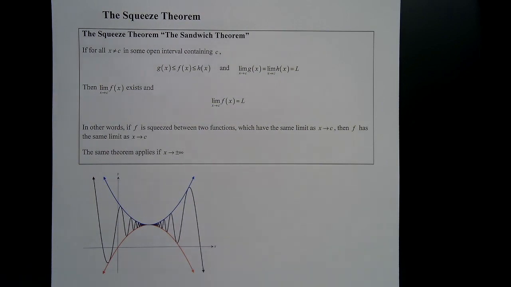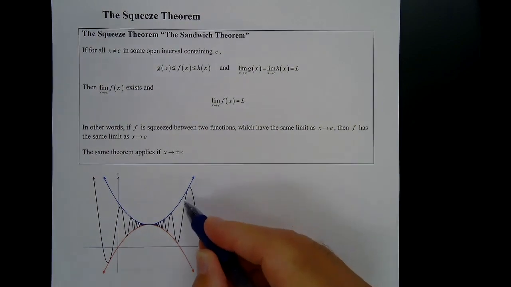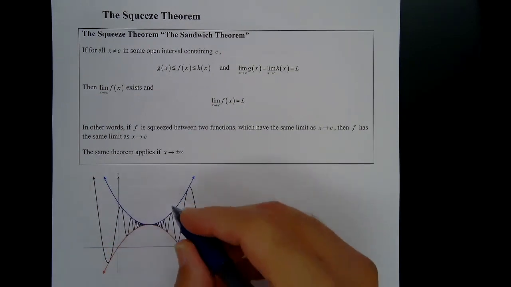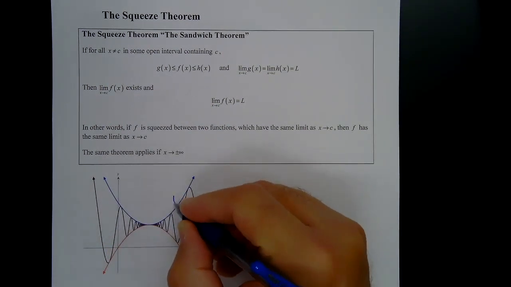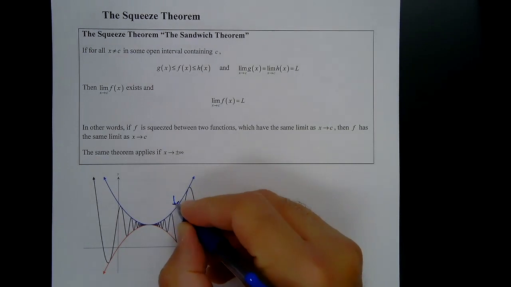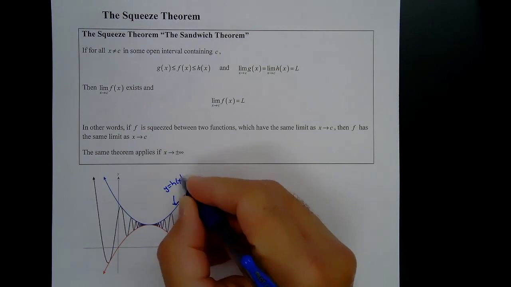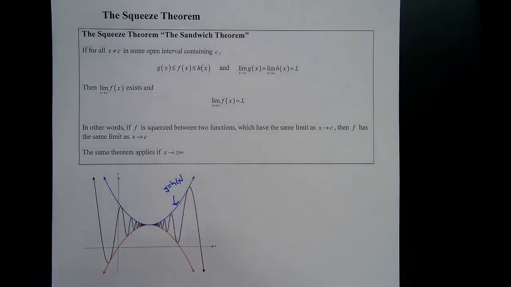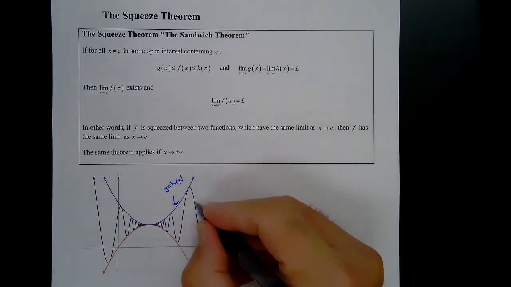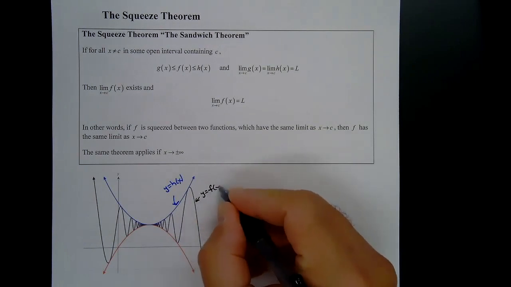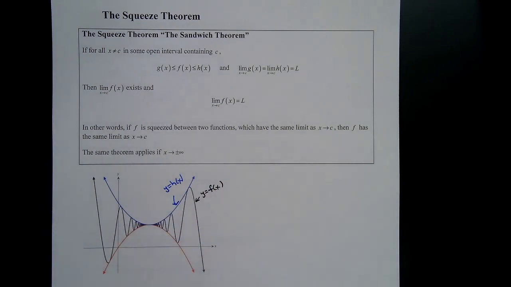All right, so here we go. This function right here, let's not worry about what it is. We're going to call that one the outside function, or y equals h of x. And then this is the function we're trying to find, so this one is y equals f of x. And this one down here is y equals g of x.